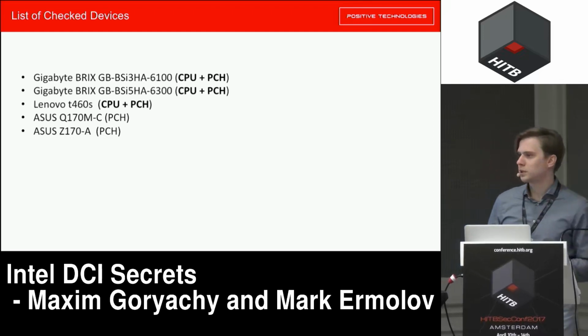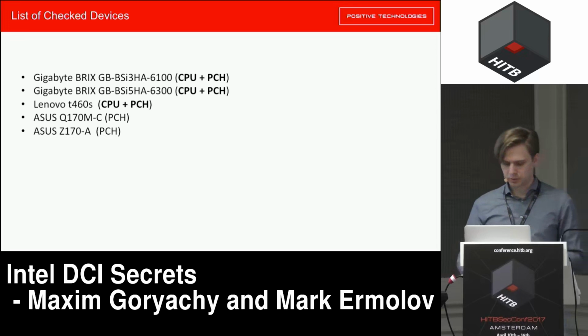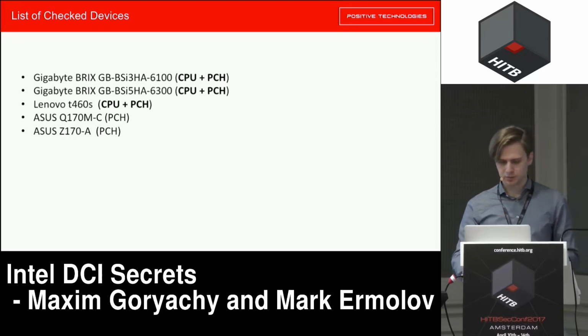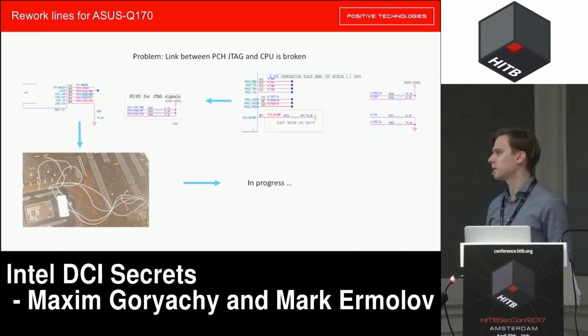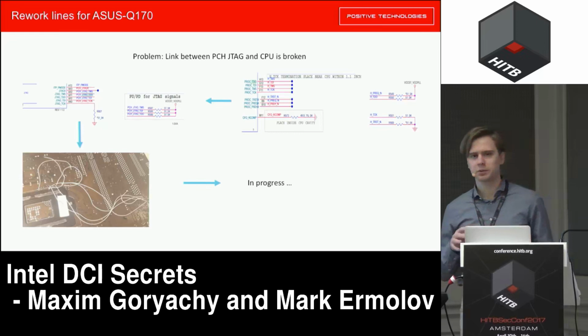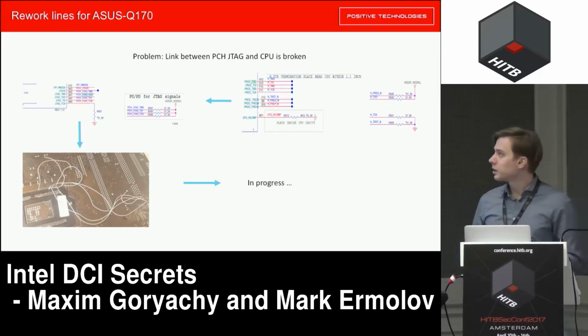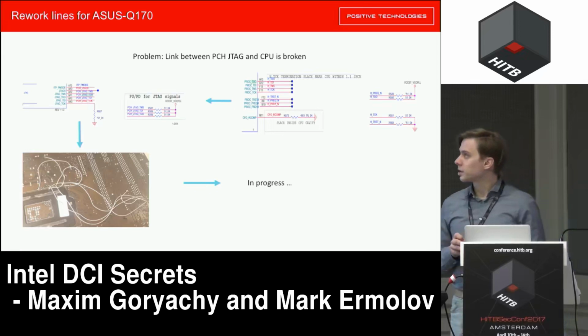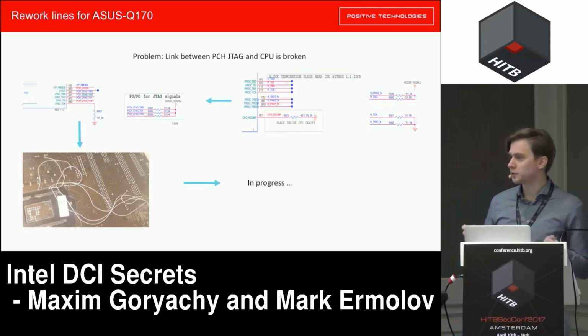But unfortunately, not all platforms have access to CPU JTAG. We investigated that, and we think that the JTAG line between the CPU and PCH is broken, and we try to restore these lines; it's work in progress.